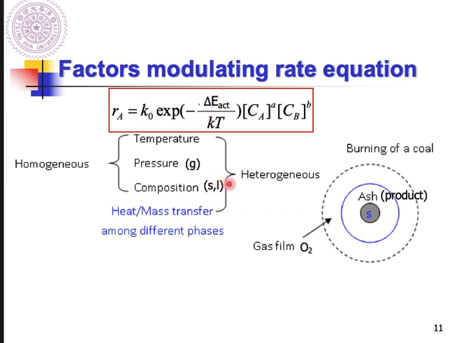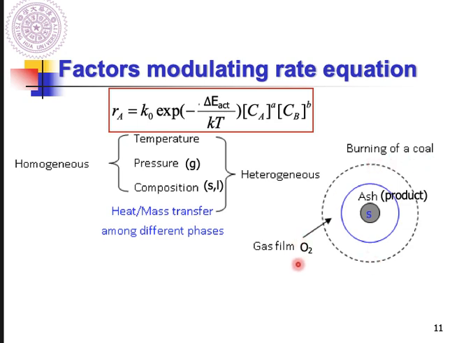And if the chemical reaction you deal with belongs to heterogeneous chemical reactions, you additionally need to consider the heat or mass transfer between or among different phases. For example, the reaction we talk about here is the burning of a coal.